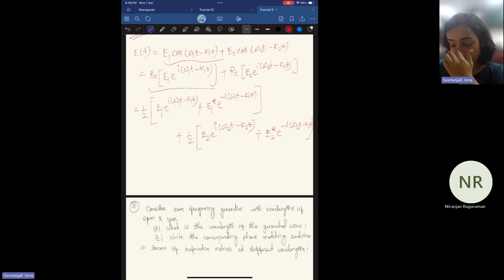And for the second order nonlinear polarization, we have P, which is epsilon naught chi2 E squared.